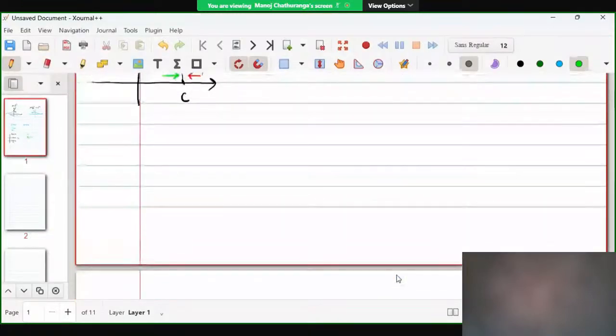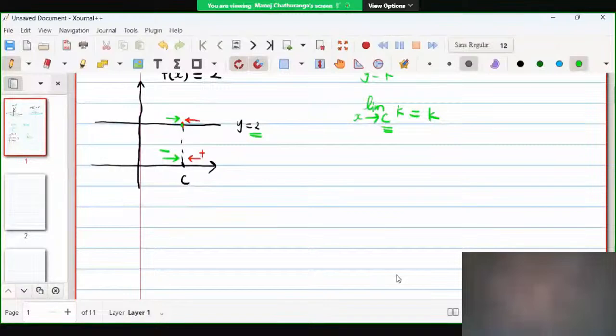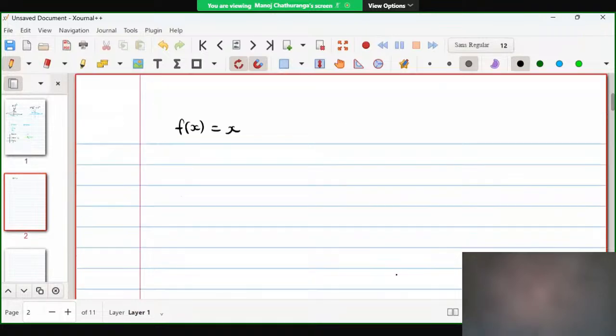Let's look at the function f of x equals x. We also know about this function.